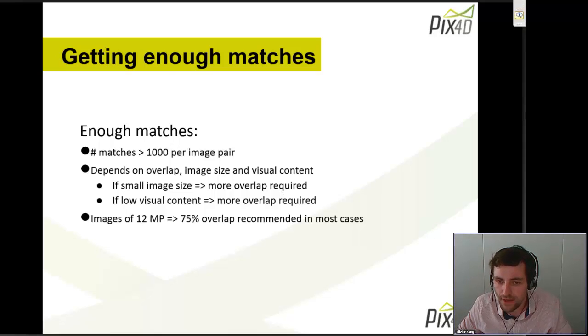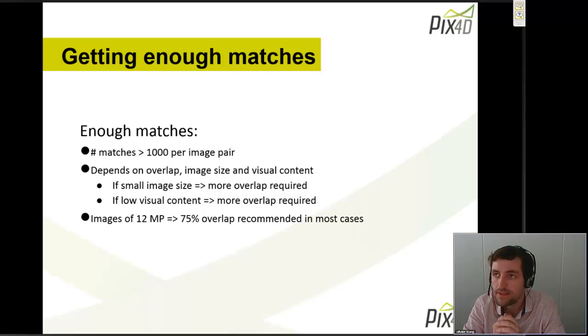The other thing that affects this is visual content. In the images shown previously, there's a lot of visual content. You could see a building, and there are lots of edges, lots of texture, lots of interesting places.